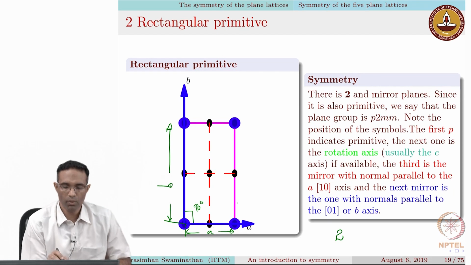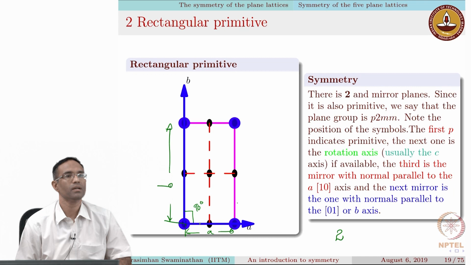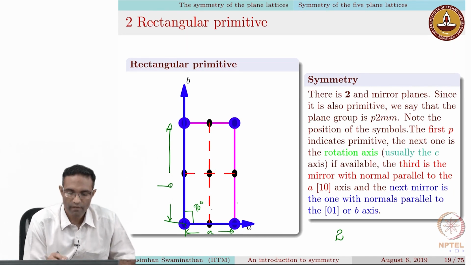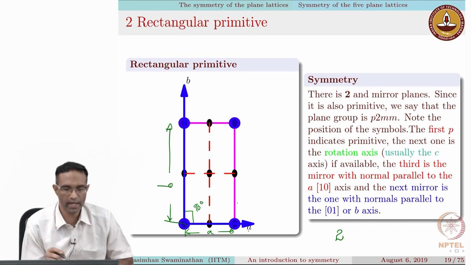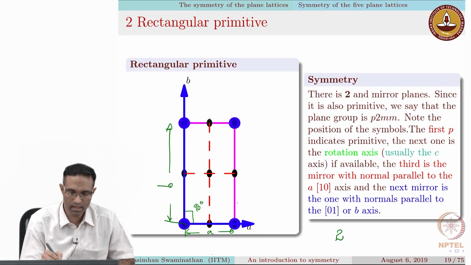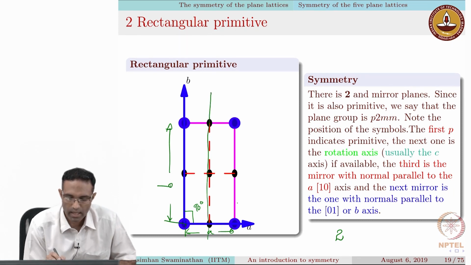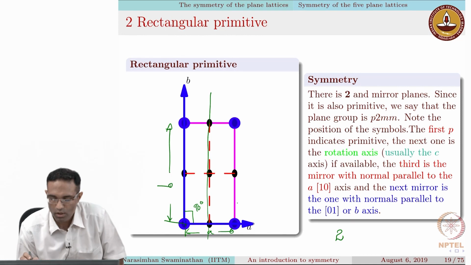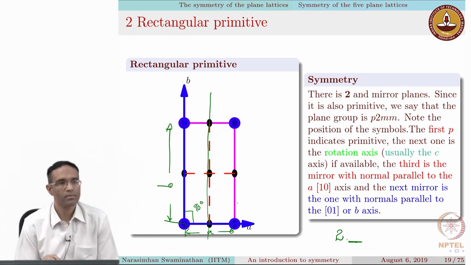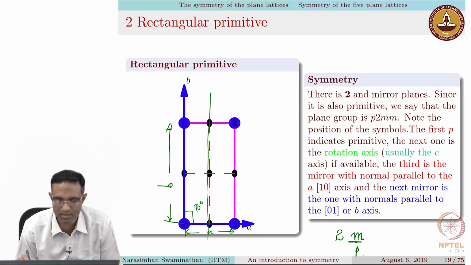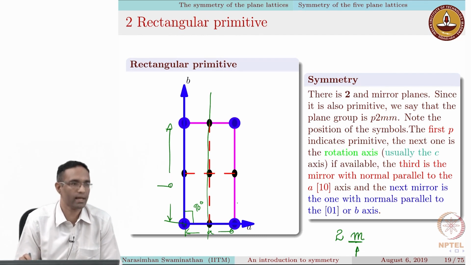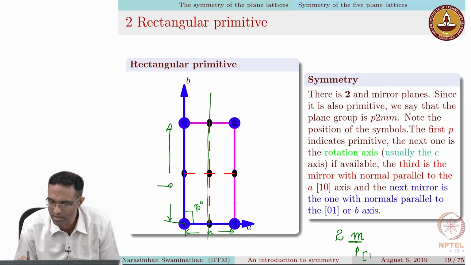Right. Now, in addition to that, there is something. What are they? There are two mirrors. There is a mirror like this, with its normal being the a-axis, right? The red colored one that is right here is a mirror, and it has a normal. So the second slot here corresponds to m and refers to the first non-equivalent axis, which is basically 1, 0.